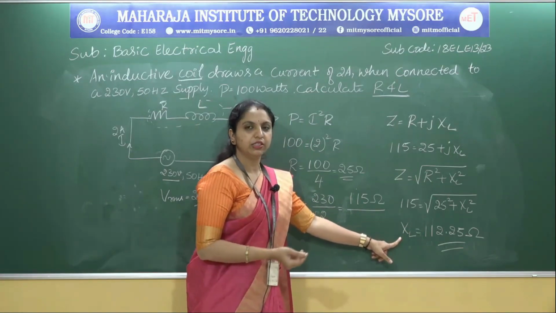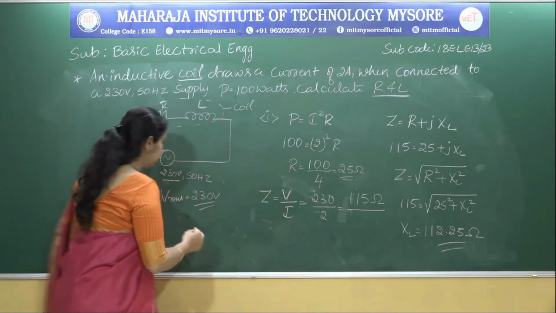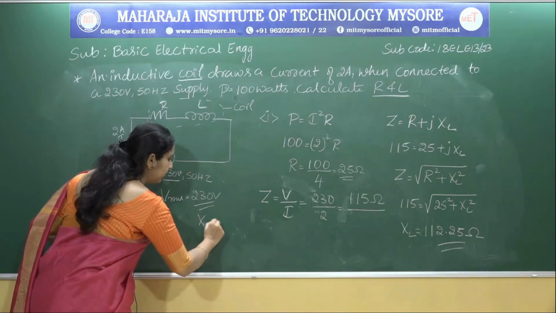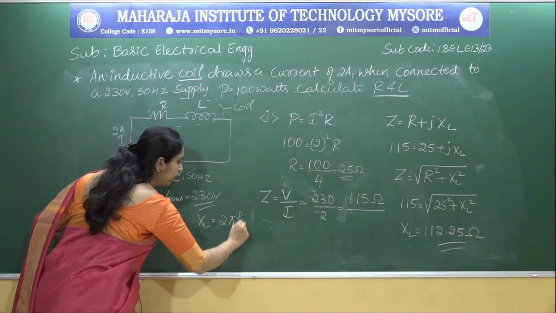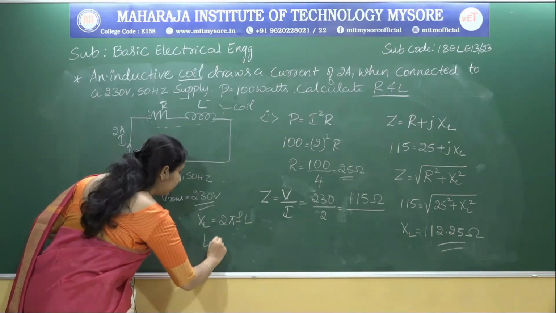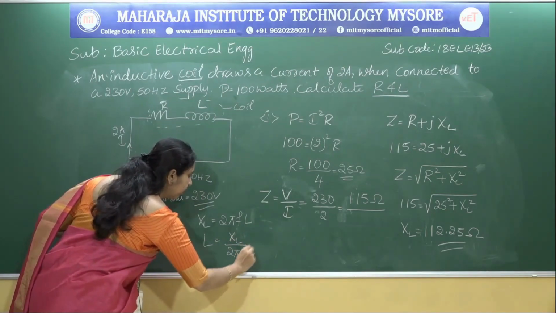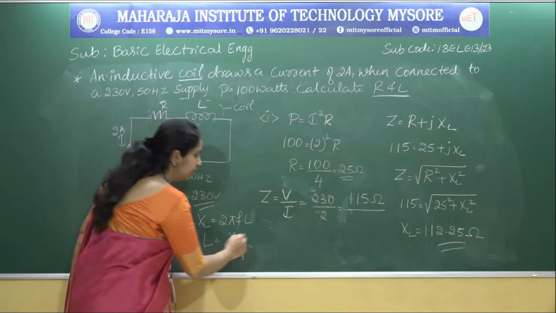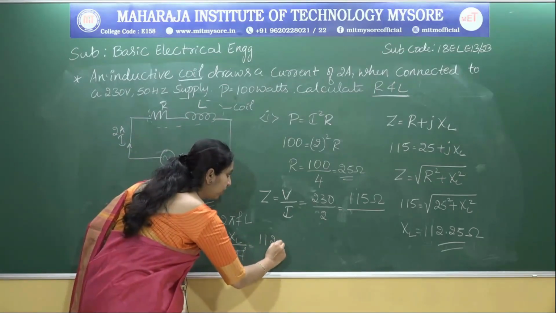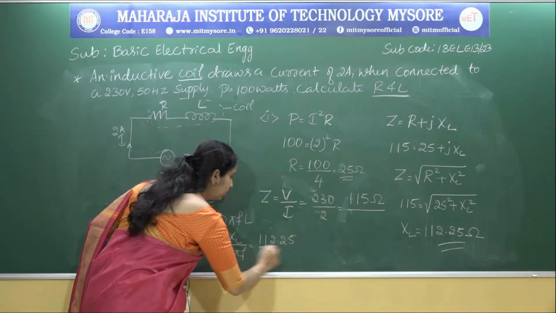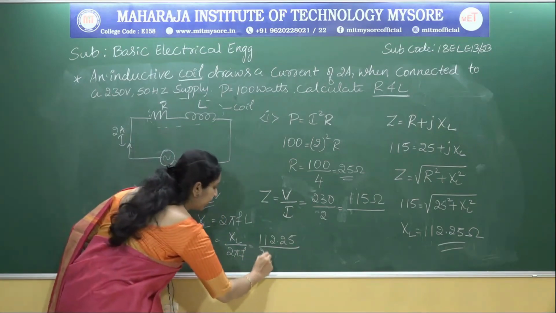Now I have calculated the value of XL, and once we calculate it, we can easily calculate the value of L, because we know that XL is equal to 2 pi f into L, so L is equal to XL divided by 2 pi f. We know the value of XL, which is 112.25, divided by 2 pi f.